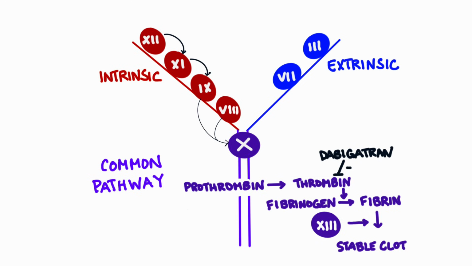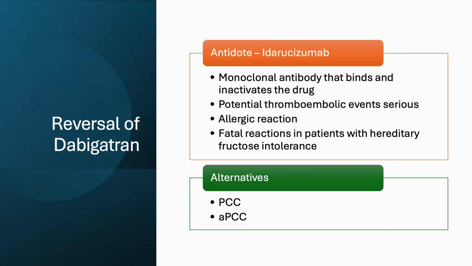Dabigatran is a DOAC, and it's a moneymaker. It's slightly different because it's a direct thrombin inhibitor. And where it makes its money is it requires its own very specific antidote. I'm not even going to try to say this name. This antidote is a monoclonal antibody that binds and inactivates the drug.